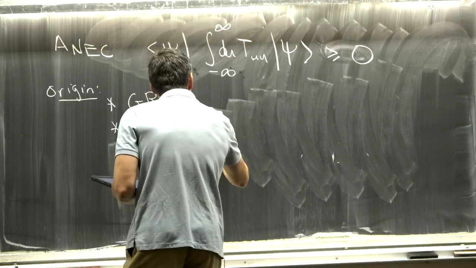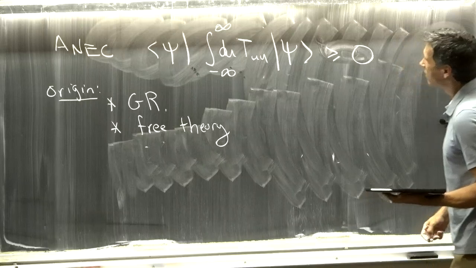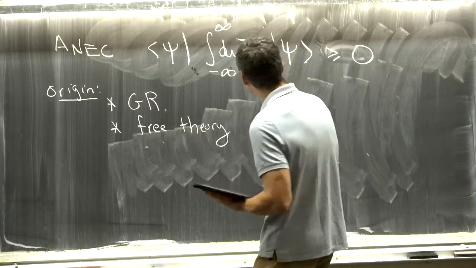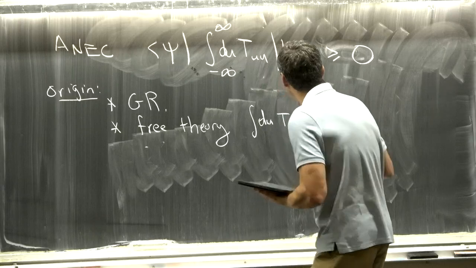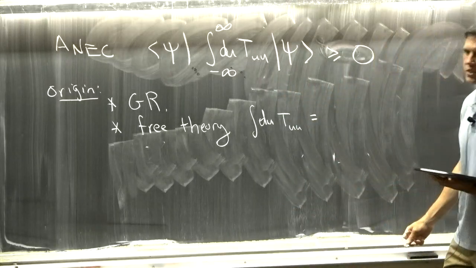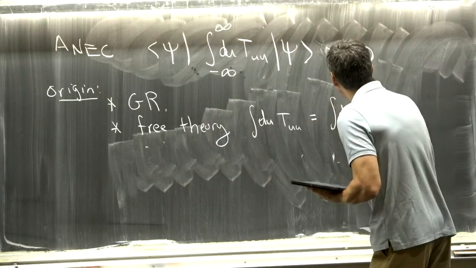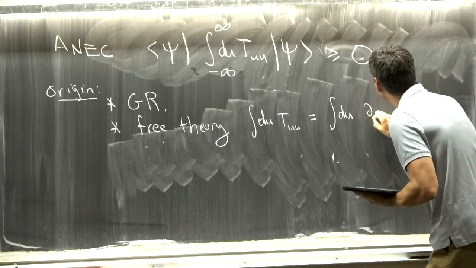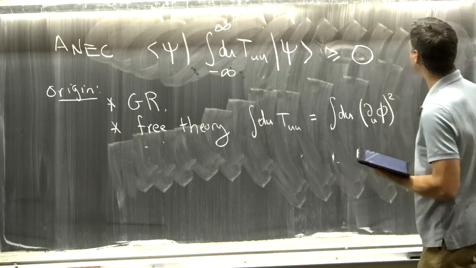You can check pretty easily that the ANEC is true in free theory. So the proof of that goes like this. The integral du of T_UU. Let's do a free scalar, let's say. So in a free scalar, this is the integral du of (du phi) squared.